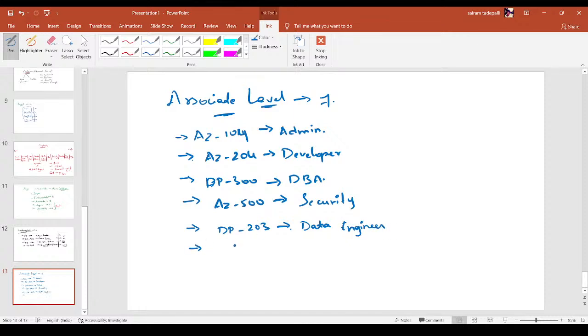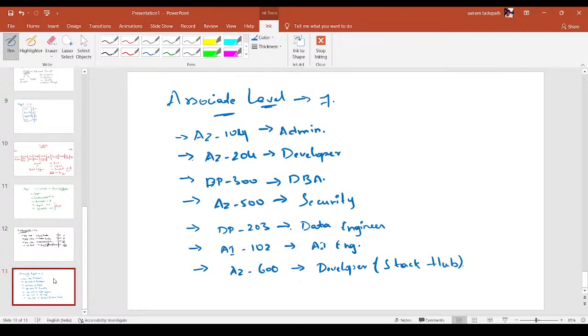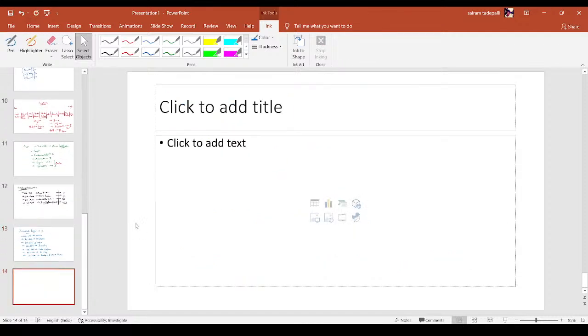And coming to the next one, last but one, AI102. AI102 is regarding AI engineer. Next one, AZ600. It's regarding operational, I mean, it's a stack hub regarding things. It's a kind of developer thing only, but we call it a stack hub. And coming to the next one, that is expert level.